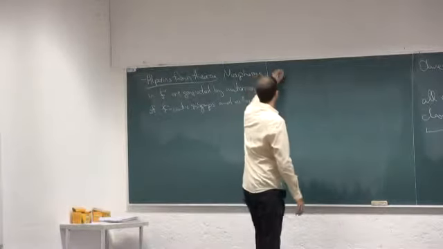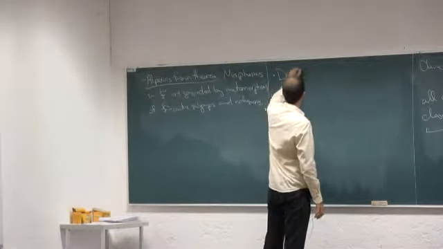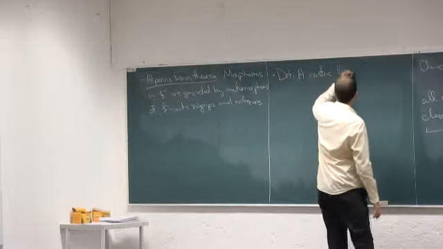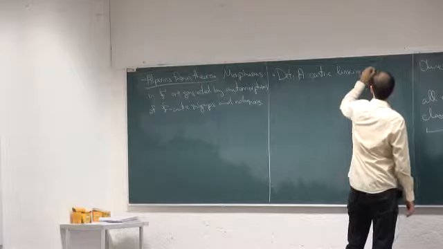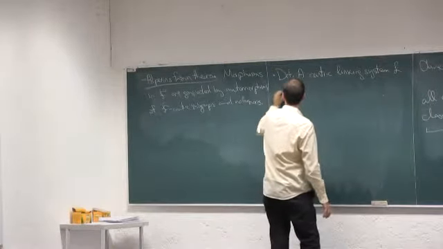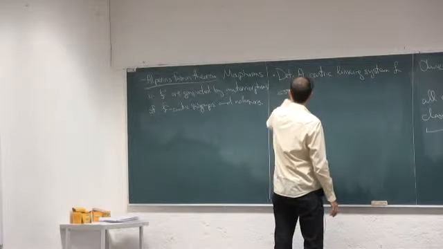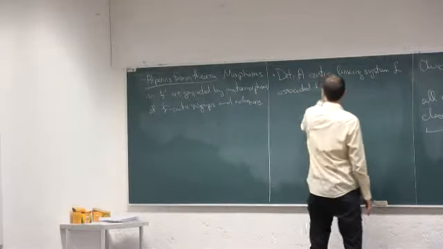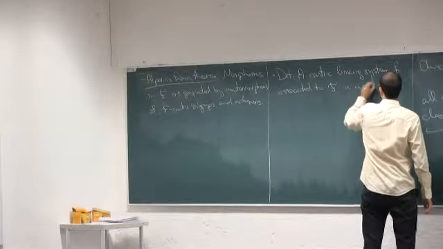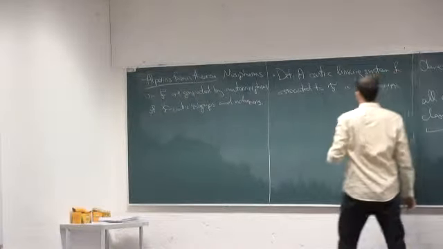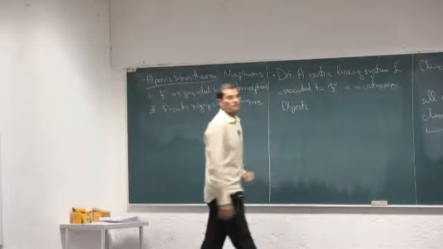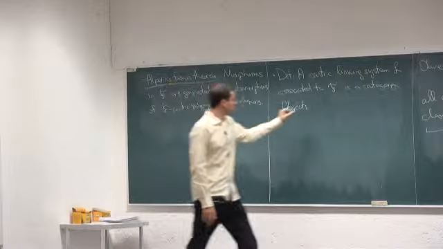So definition: a centric linking system L associated to F is a category whose objects are now the F-centric subgroups.